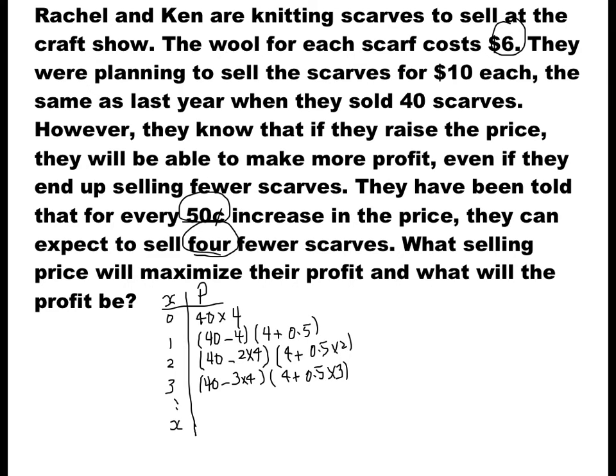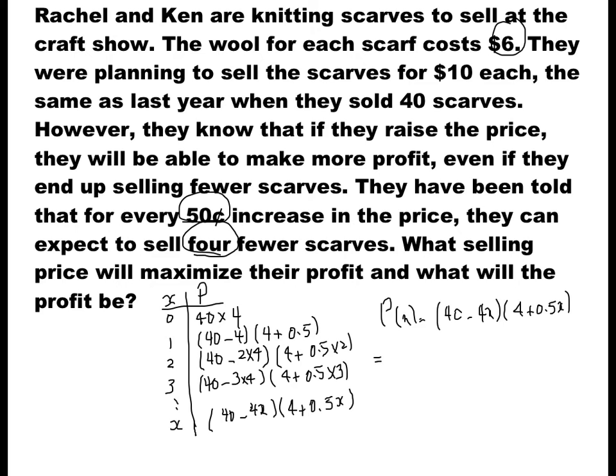We don't know how many times we have increased the price, so the number that I sell is 40 minus 4x, and the profit is going to be 4 plus 0.5x. This means that my profit equation in terms of x is 40 minus 4x times 4 plus 0.5x.